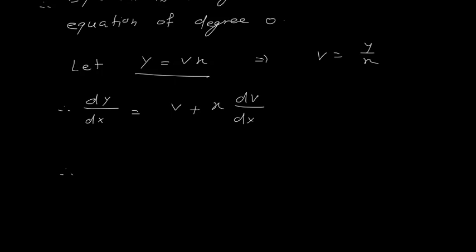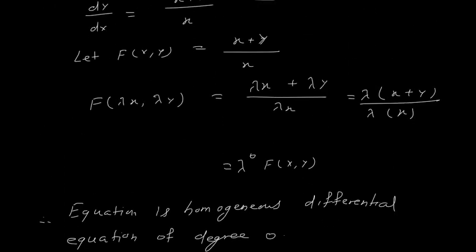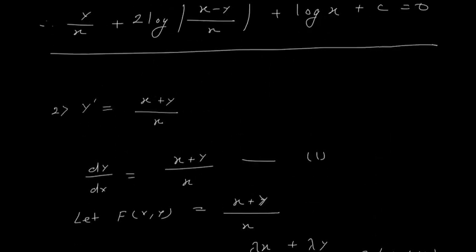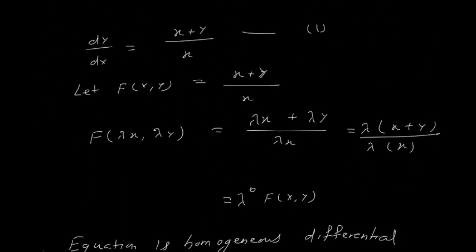So from equation 1 we have v plus x into dv upon dx is equal to, on the right hand side, x plus y upon x.